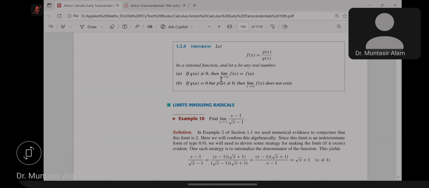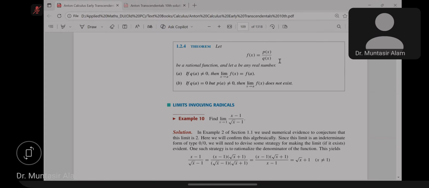But if q(a) is 0, then the limiting value of the function does not exist as x approaches a.